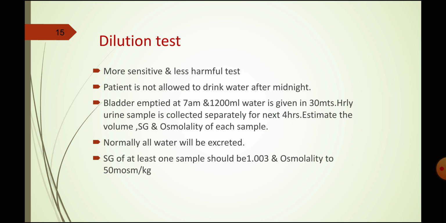So here first you have to keep the patient fasting till after midnight, and then the early morning sample is emptied, and then he is given 1200 ml of water in 30 minutes. Then take the hourly samples and examine the volume, specific gravity and osmolality of each sample.